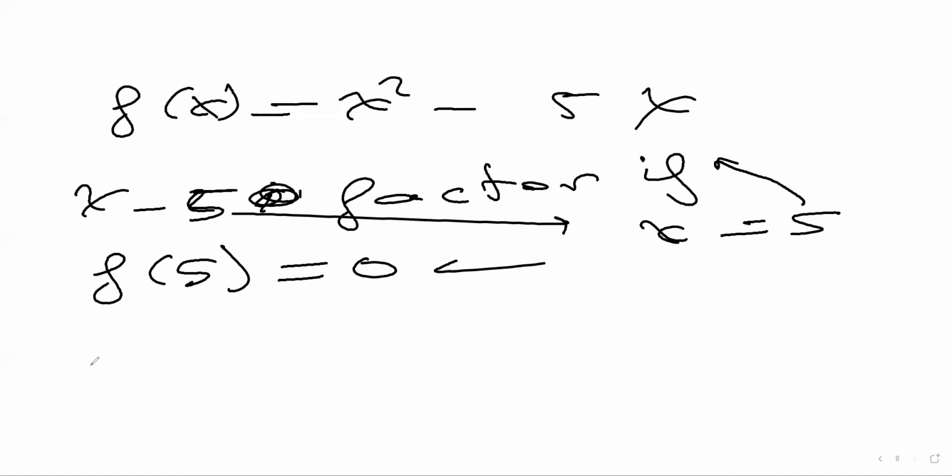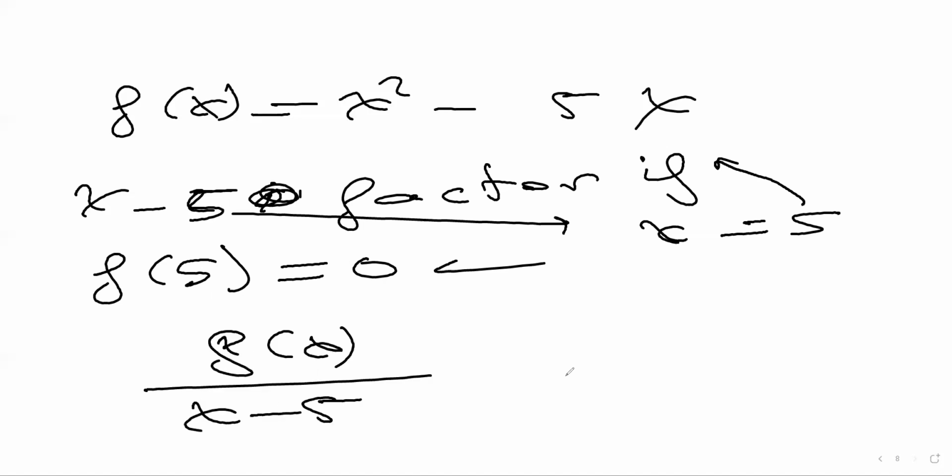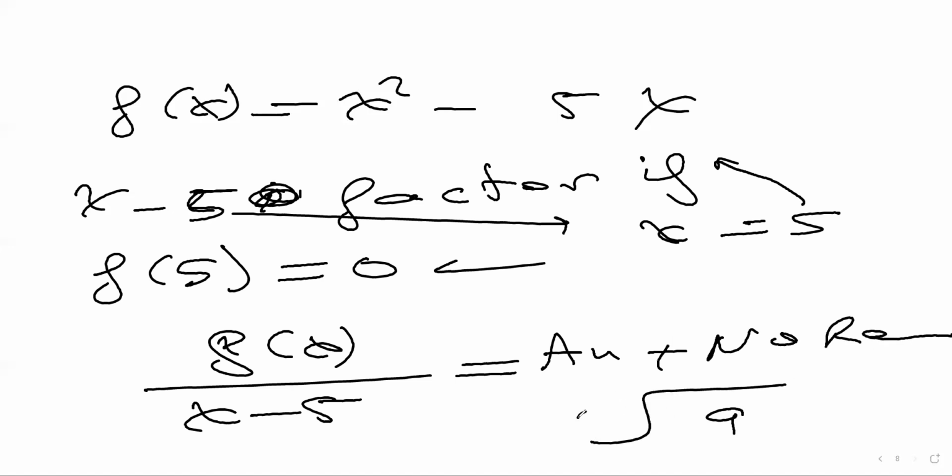What else comes, guys? It means when I divide f of x by the factor x minus 5, the answer will be a quotient plus what? No remainder. Like 9 divided by 3, times 3 is 9. It will be 0. There is no remainder. I have an answer with no remainder. So when we have a factor, it means I can divide and find the answer with no remainder.